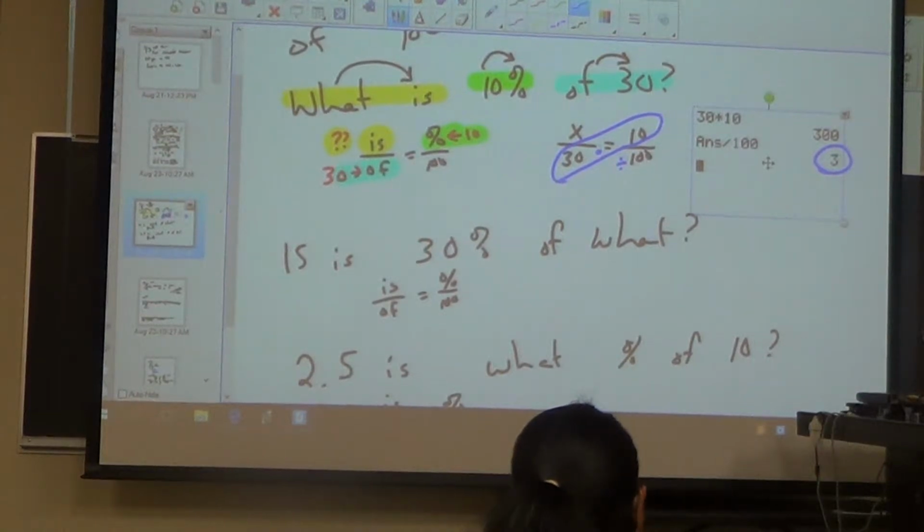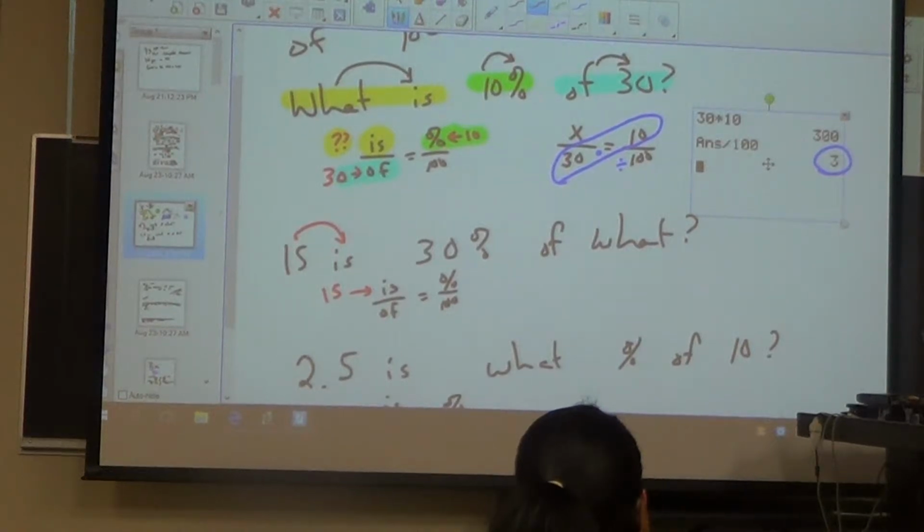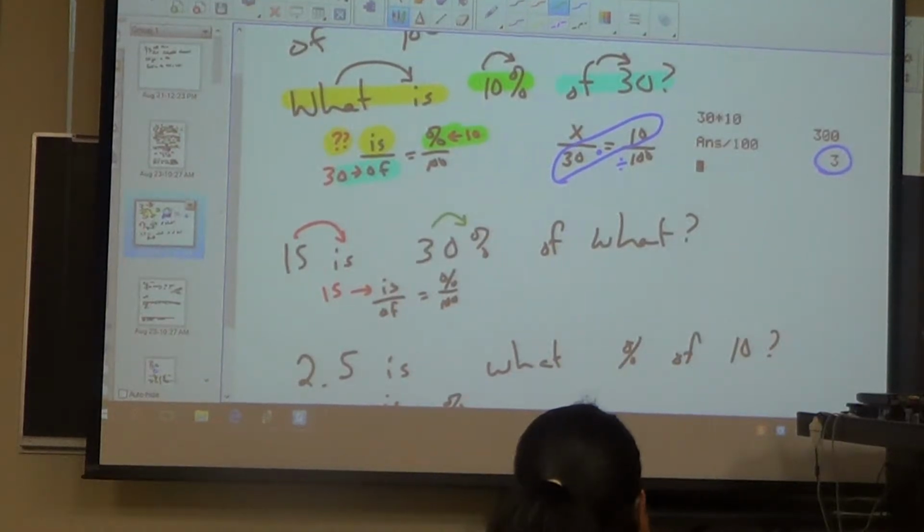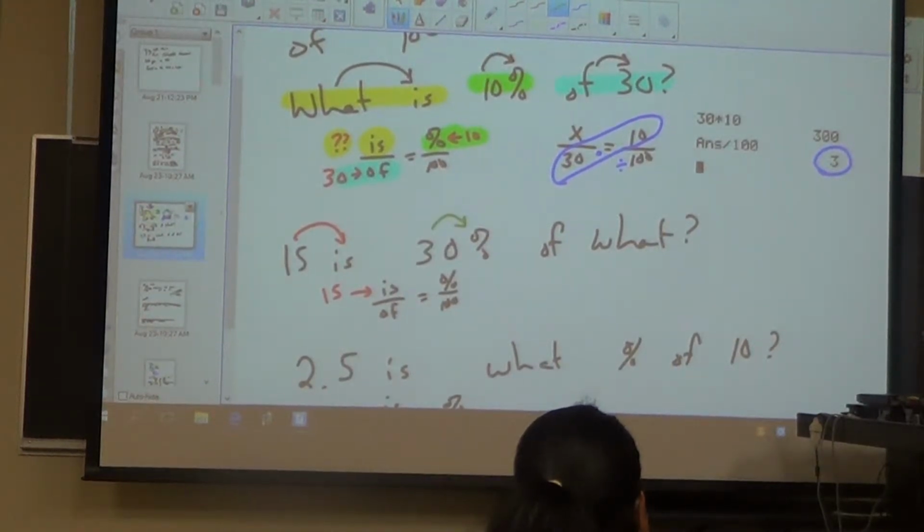So for the second one, where do you think the 15 is going? 15 is. Where's the 30 going? 30%.